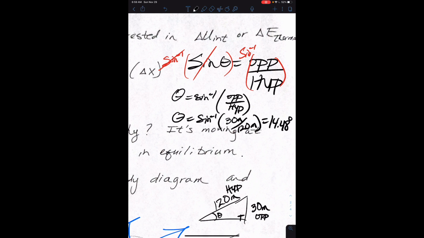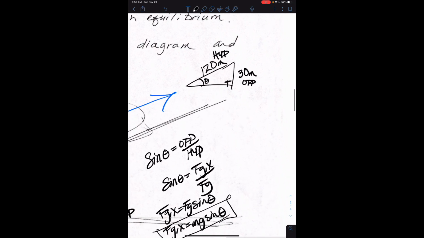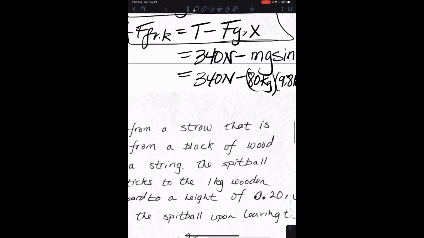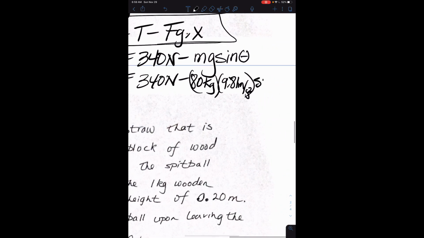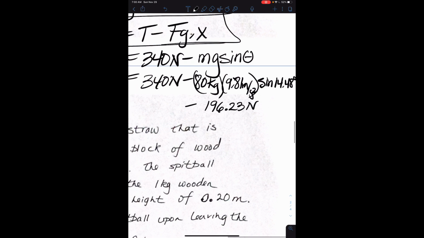Okay, so then we can go ahead and bring that down here. Okay, and then we can plug that in our calculator. I think I may already have this crunched somewhere. When we do this, we end up getting 196.23 newtons here.